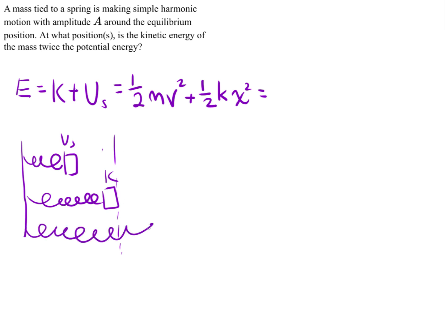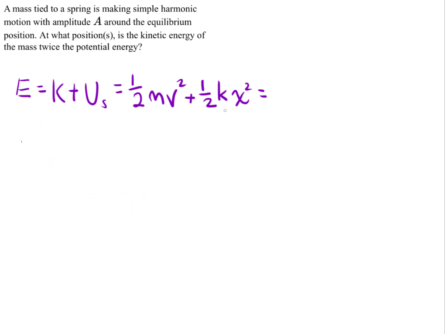And after that point, as it keeps going, it's going to stretch the spring, and in doing so, converts its kinetic energy into the potential energy of the spring. So the potential energy is greatest when the spring is the most stretched or the most compressed, and the kinetic energy is at its maximum as the mass passes through the equilibrium position.